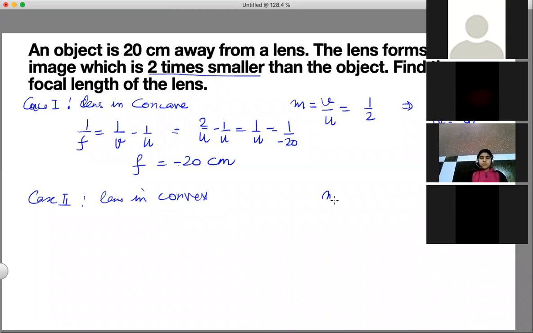So let's write magnification is equal to v by u. So what should it be now? Should it again be half? Because it is 2 times smaller. So can we say magnification is half?